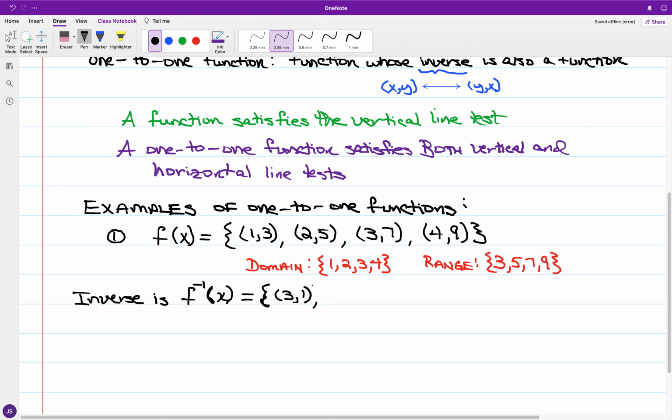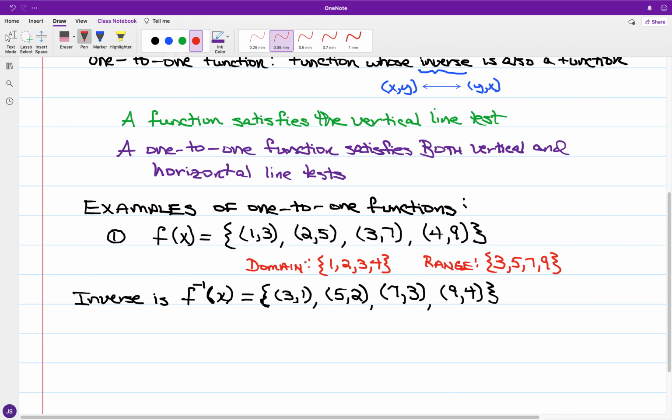Before we had 2, 5. Now the inverse will have 5, 2. And we had f of x with 3, 7, and so the inverse will have 7, 3. And 4, 9 was in f of x, and so the inverse will have 9, 4. Again, for each x value, we have only one corresponding y value.